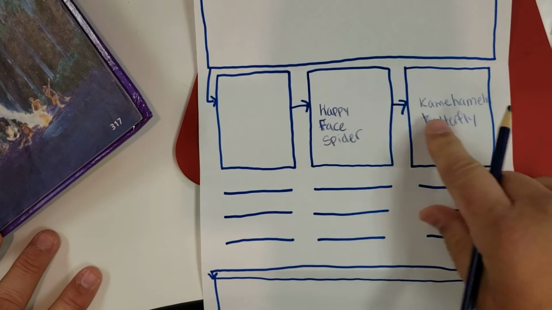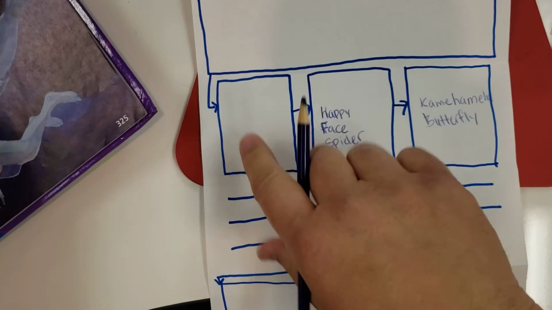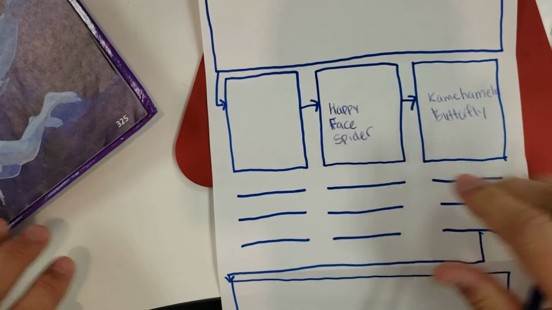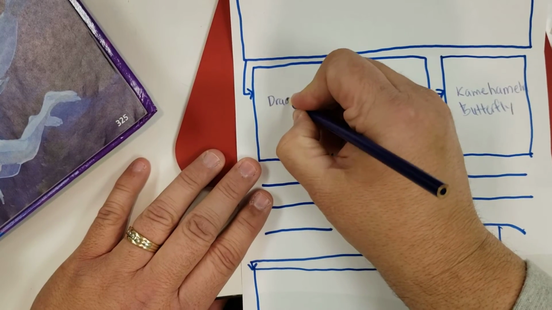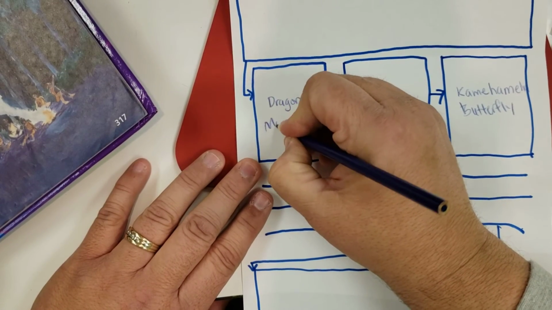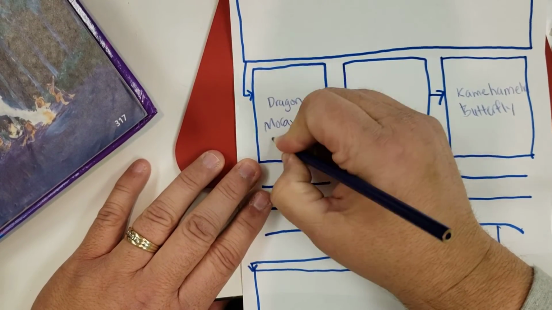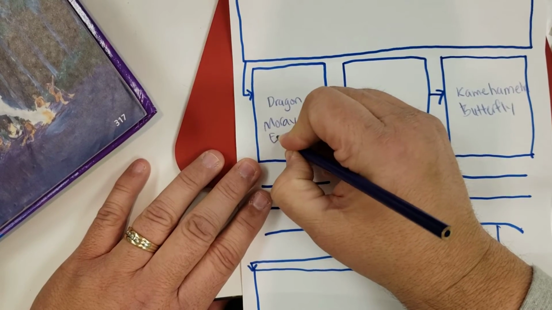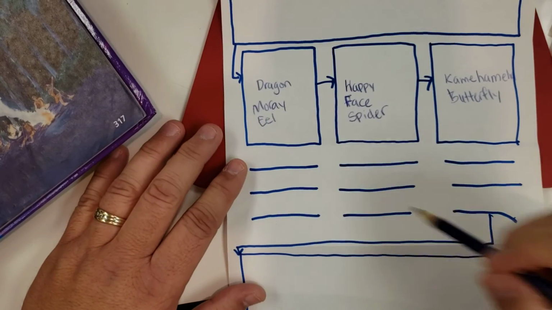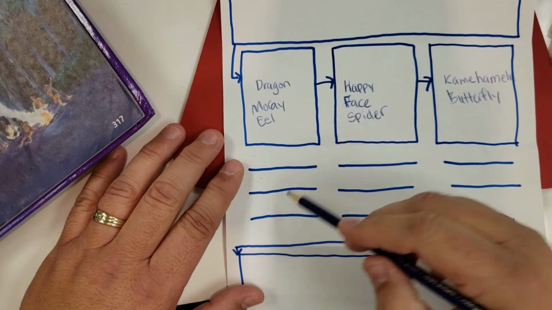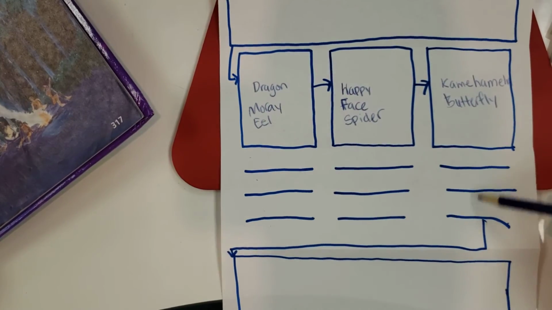Happy face spider, Kamehameha butterfly. And then maybe for my first one here, I'll do the dragon moray. The dragon moray, and it's an eel. Cool. So then now what I will do is I would list the facts about each animal underneath here.